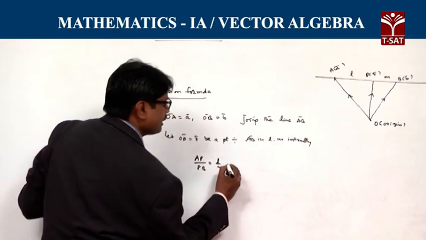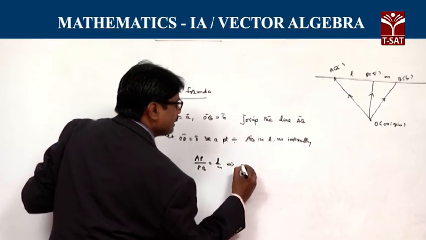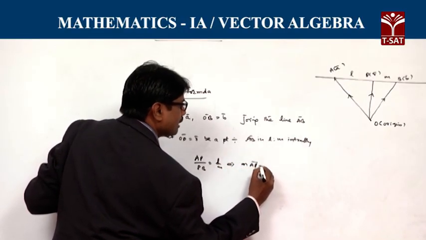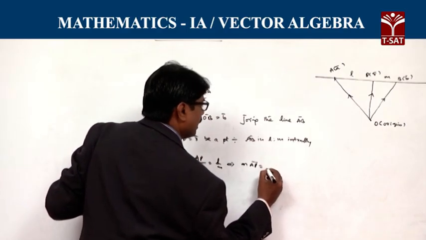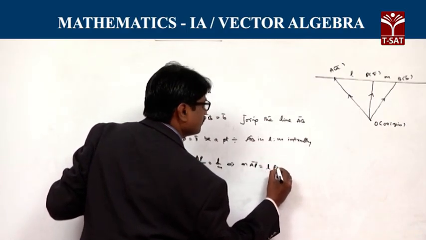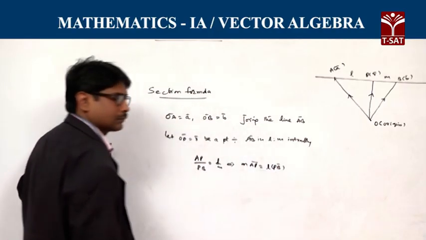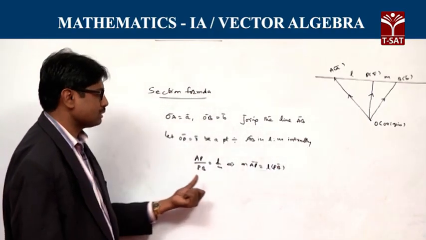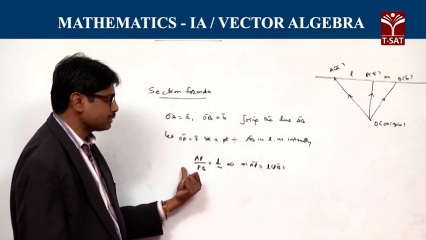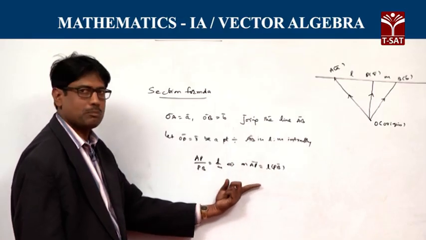On cross multiplication, M times AP bar is equal to L times PB bar.